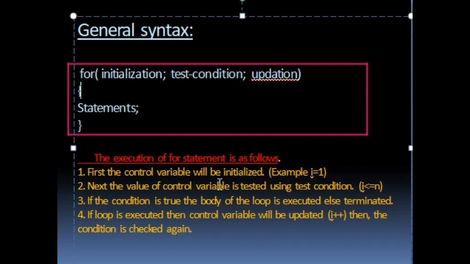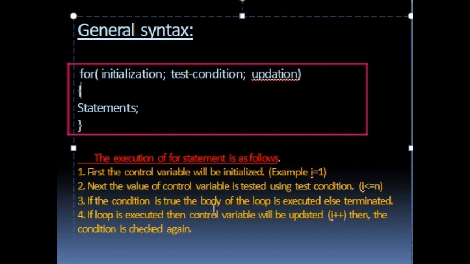Next, the value of the control variable is tested using the test condition. See, here the control variable will be initialized, and then there will be a test condition. What is the test condition? That i should be less than or equal to n. Okay, it is the test condition. Then the third one is updation.